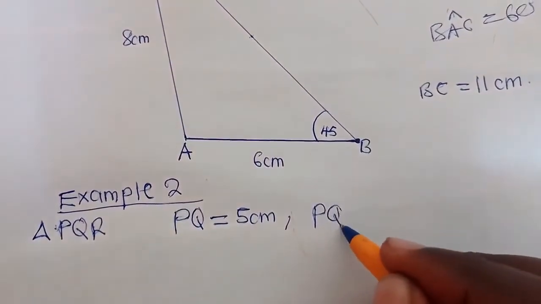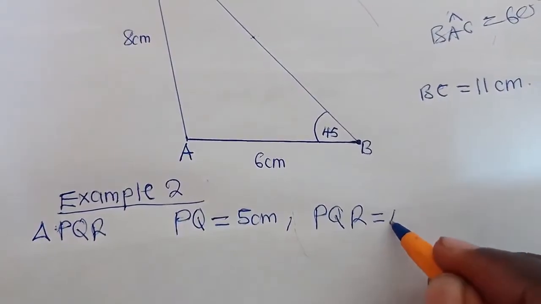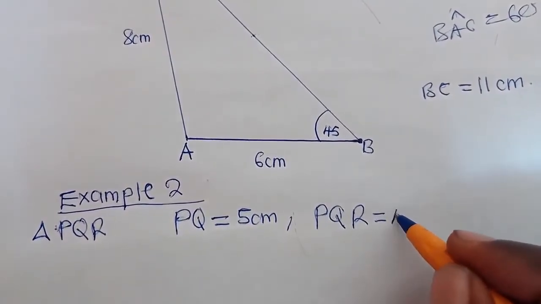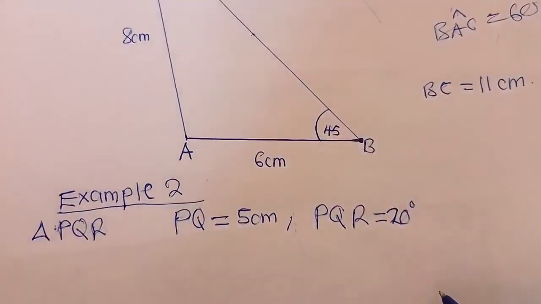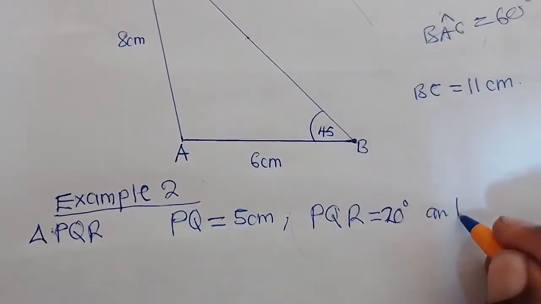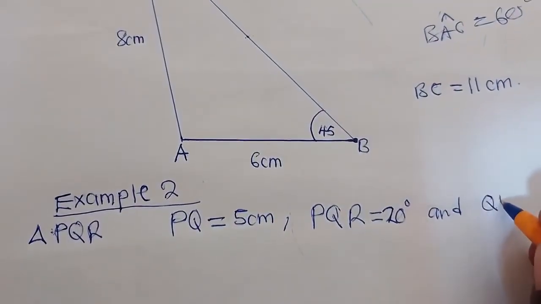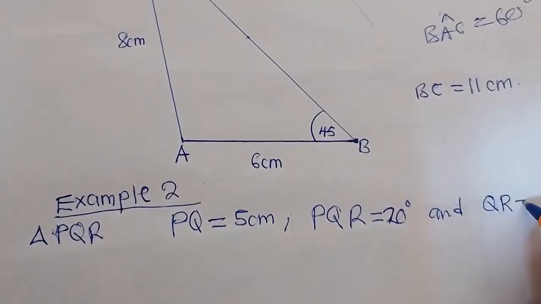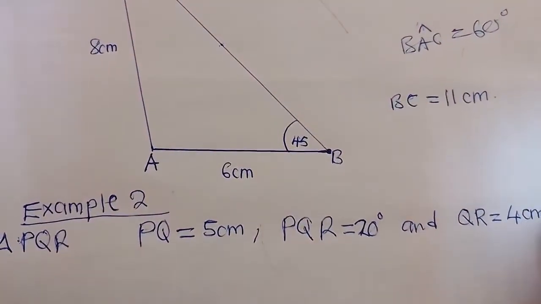Angle PQR is equal to, I'll just say 20 degrees. And lastly, I will say QR is equal to 4 centimeters.